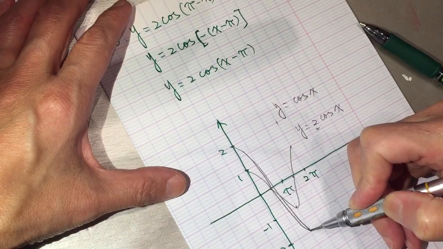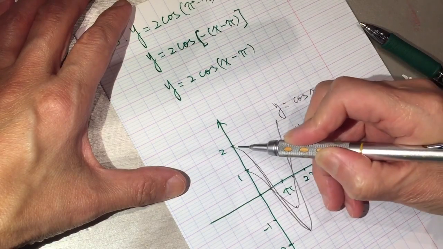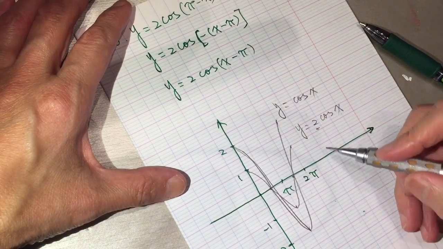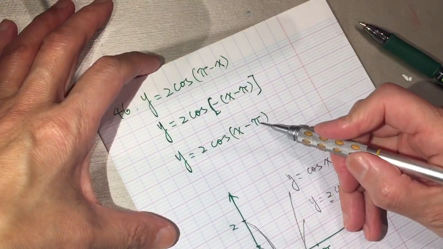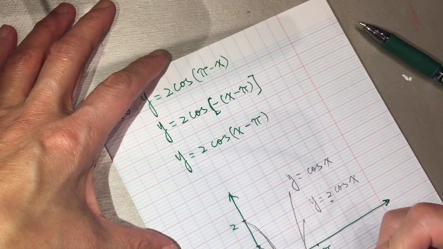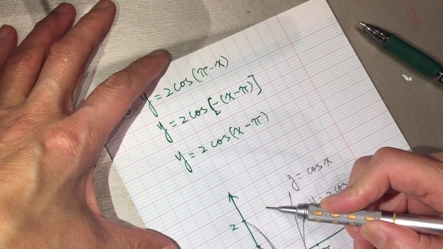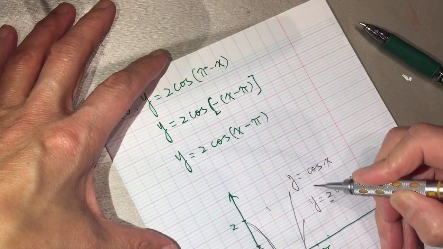It goes through this point, goes through this point. Okay, so this is y equal to 2 cosine x. And here we need to make it cosine of negative x. Negative x is moving to the right side, so it starts from here, here, here, here, here.